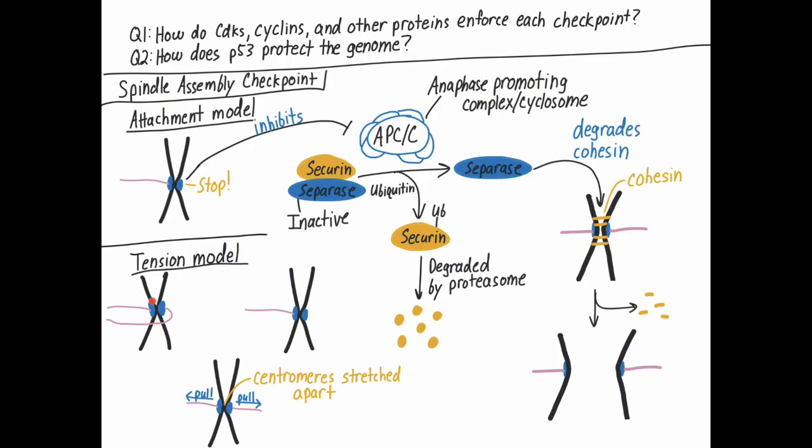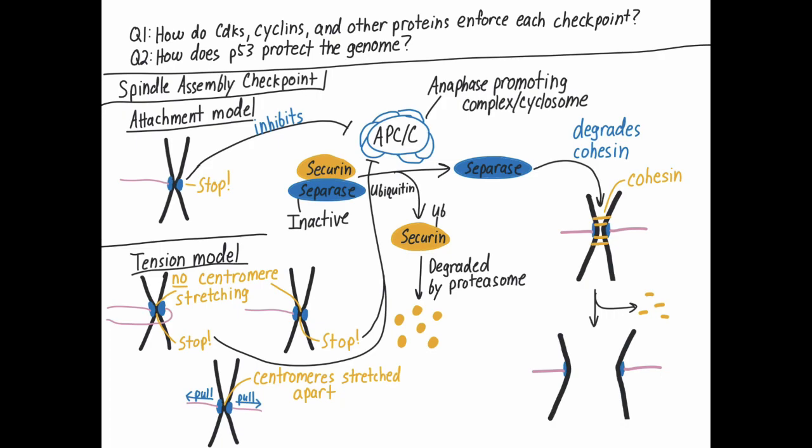Both situations fail to create a pulling force on the centromeres of these chromatids. And this lack of tension is what generates the stop signal and inhibits APCC, in turn holding the cell in metaphase until tension is achieved.